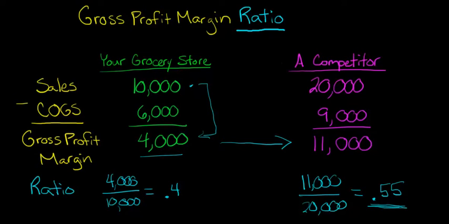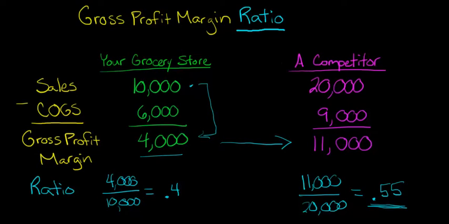So does this mean that they have just better operations than us and we should just close up shop and we're doing a terrible job? Well, not necessarily. It might be indicative of the fact that maybe they're getting volume discounts for larger orders of groceries because they happen to be a larger store. You know, they're buying more biscuits and stuff from their vendors, and so they're getting better prices.